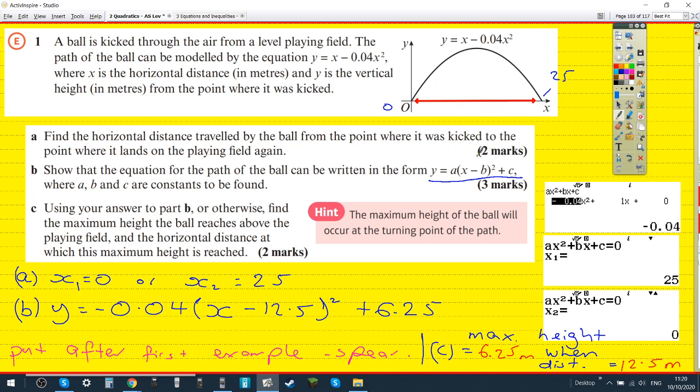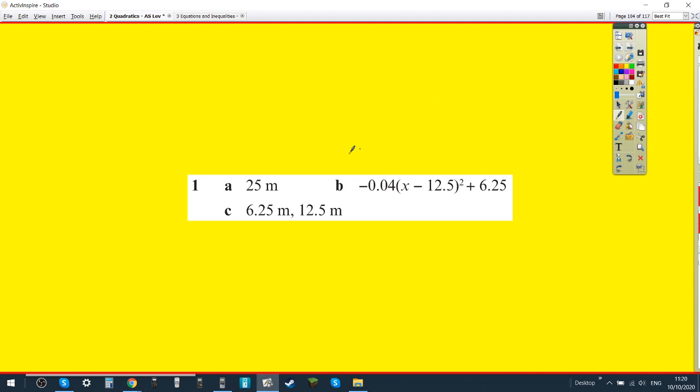You can do it the long way, or you can use the calculator. The maximum x goes in the bracket with the x. The maximum y goes outside the bracket, and then just use those for question C. Any questions about that? No. Okay. There we go.